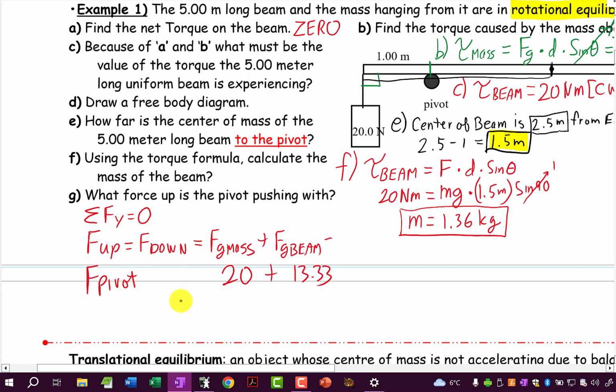So the force of the pivot has to equal 33.3 newtons. And that will be up, just in case you wanted to know. Any questions?